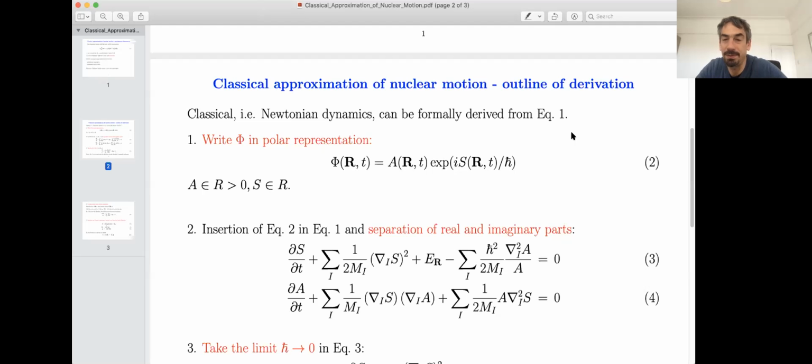This is why the classical description of the world is not strictly correct. But as I said, in certain limits it's perfectly valid. There is no difference between classical and quantum.